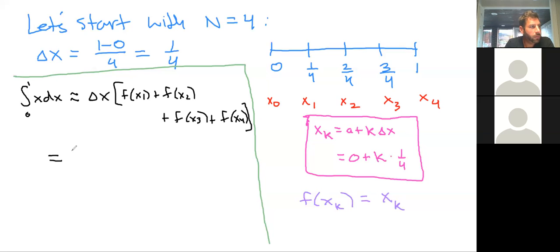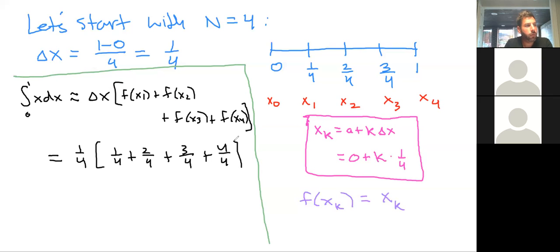If we plug these numbers in, this is 1/4 times 1/4 plus 2/4 plus 3/4, and instead of writing 1, I'm going to write 4/4 because I'm looking for a pattern. You might just plug those numbers into a calculator, and that's fine, but you're going to miss the pattern that helps you when n is large. Does anybody have a question about how I got this piece?